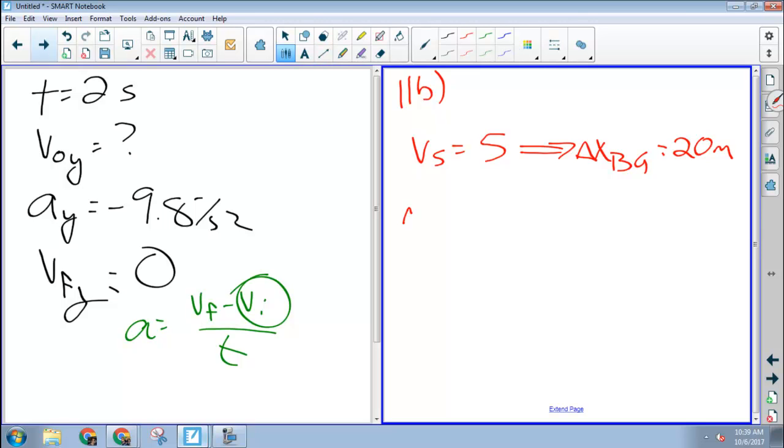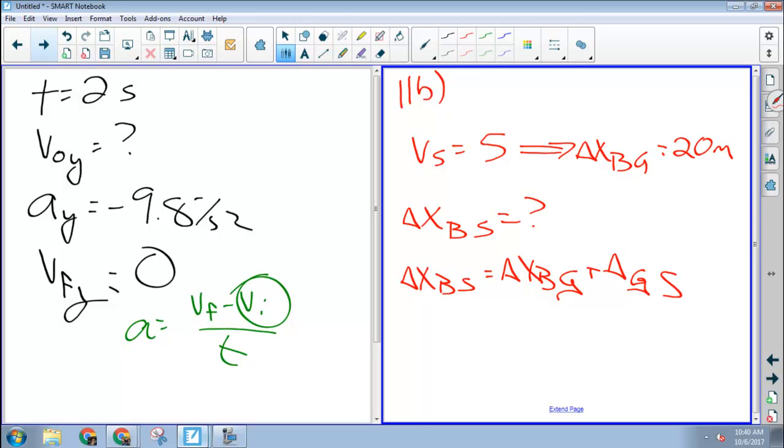So, how do I find the displacement of the ball relative to the sled? Well, displacement of the ball relative to the sled is the same as the displacement of the ball relative to the ground plus the displacement of the ground relative to the sled, right?